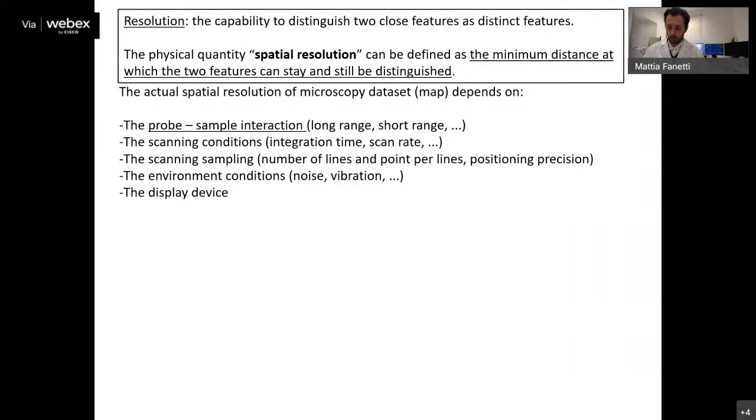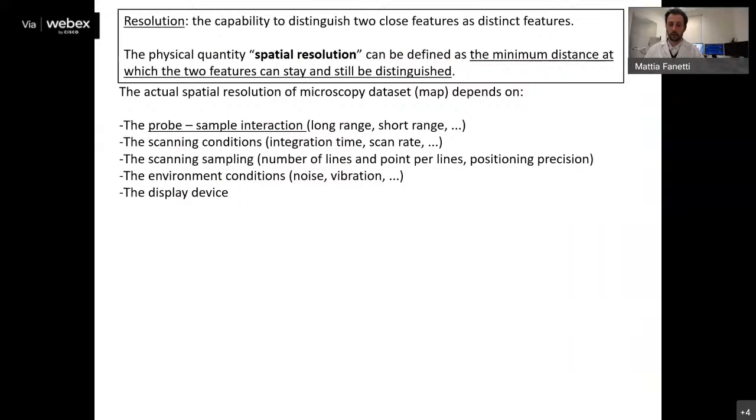Then another important factor is the scanning condition: the scan rate, the integration time, the signal to noise ratio. If I go very fast, the signal to noise ratio is lower, and it's more difficult to distinguish between different features. Of course, also the scanning sampling, so how many lines and points per line I decide to collect.